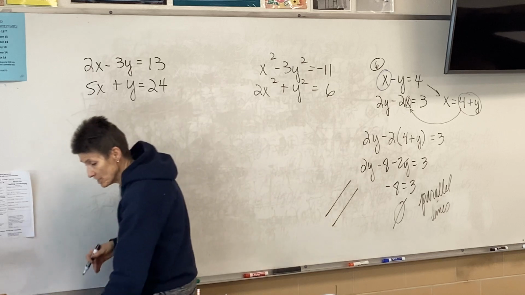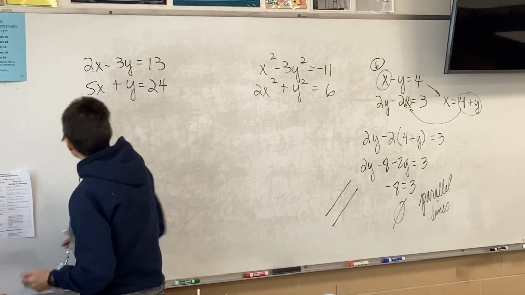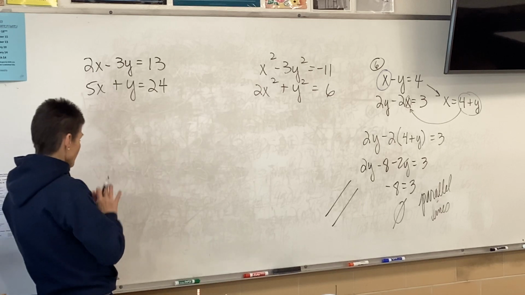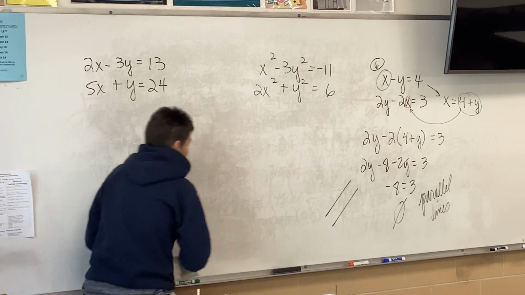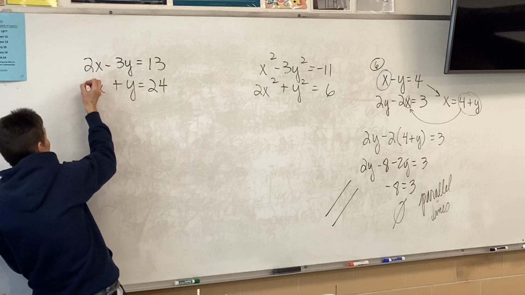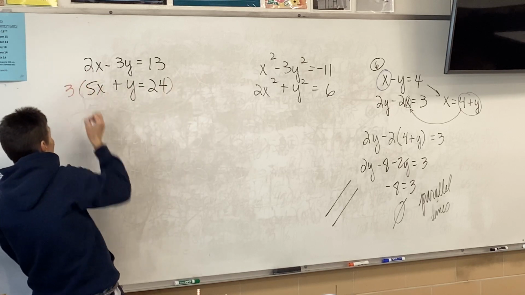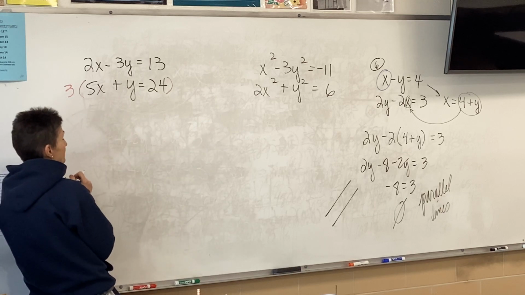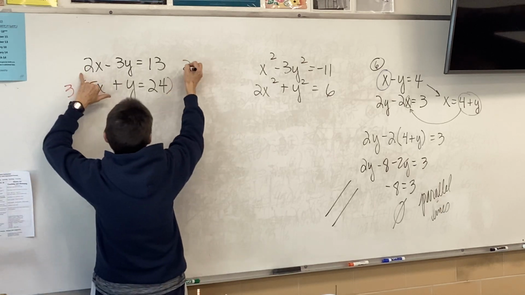The idea of elimination is you eliminate a variable. So in this particular case, I will choose to multiply my second row by 3. Now, why would I choose that? Well, my top row stays the same.